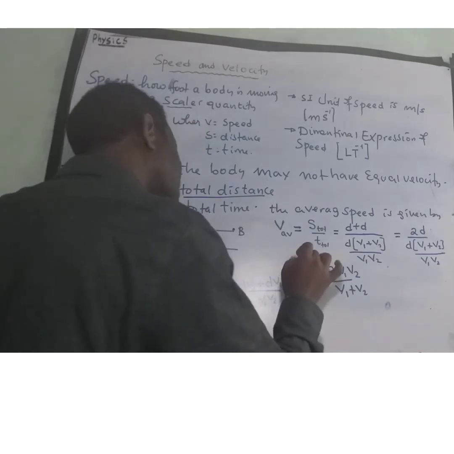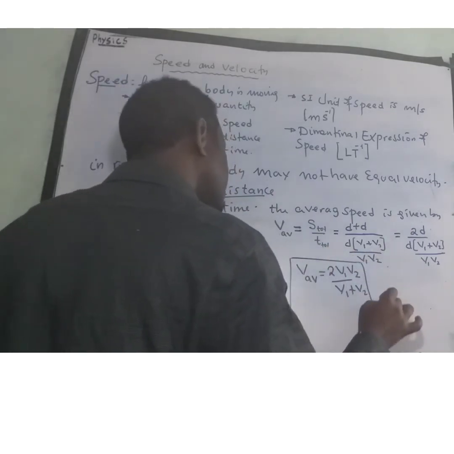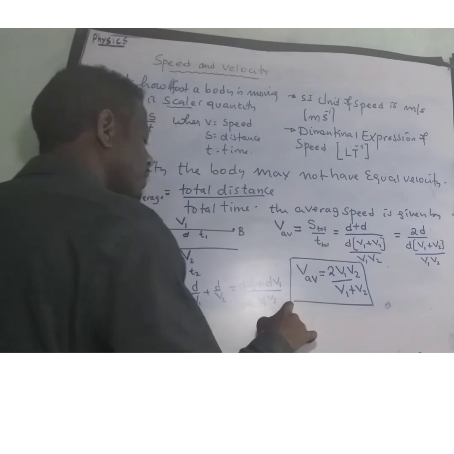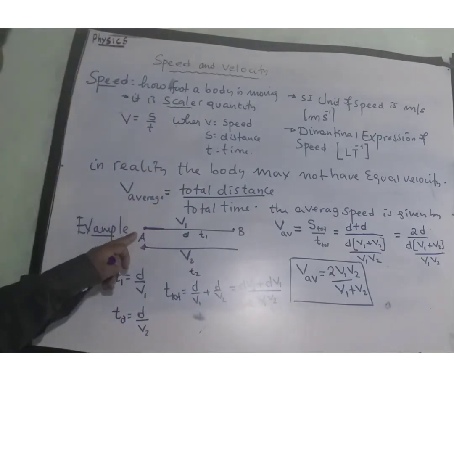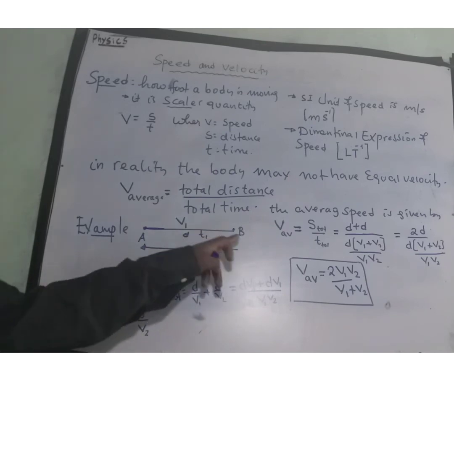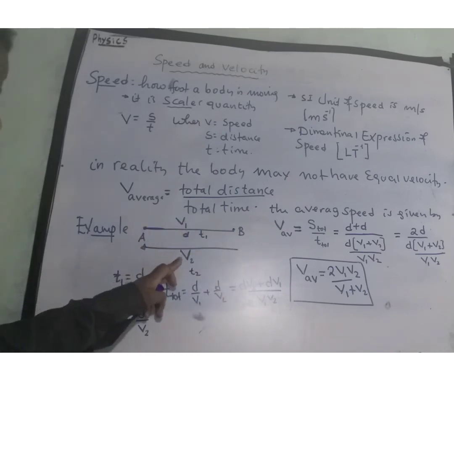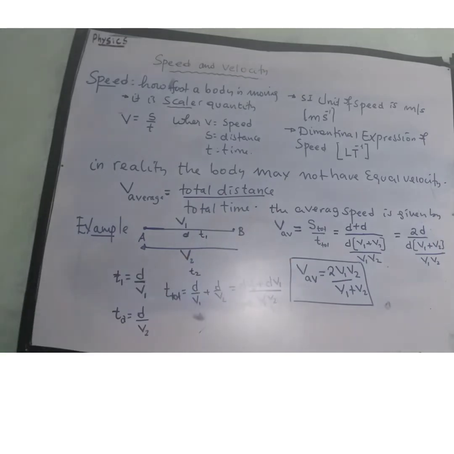This is the average speed if they are moving with speed v1 from A to B, and from B to A with the speed v2. The average speed equals twice v1 times v2 over v1 plus v2.